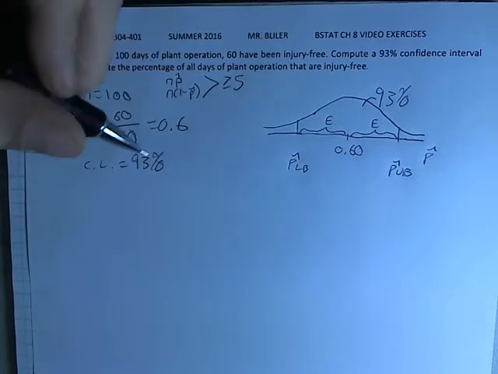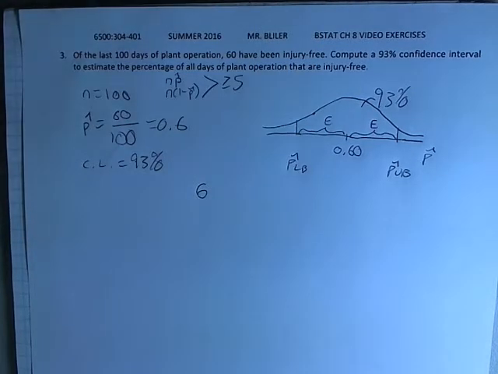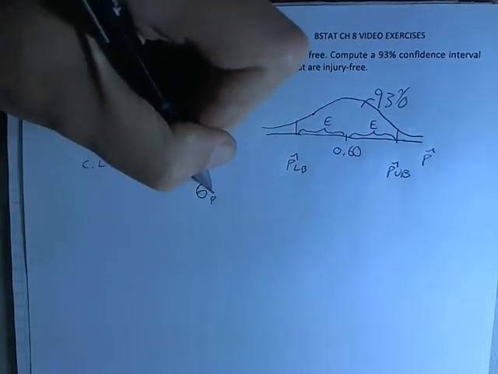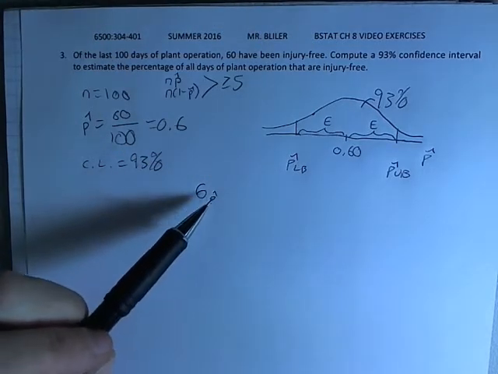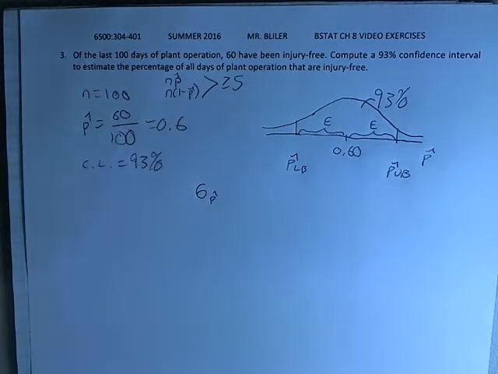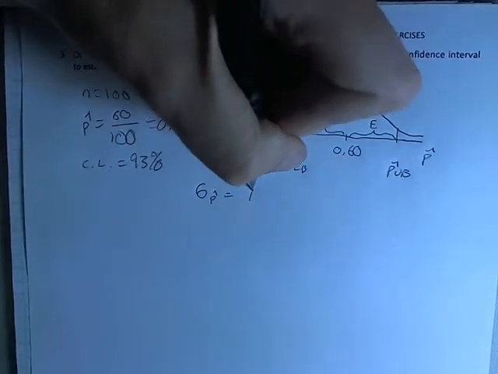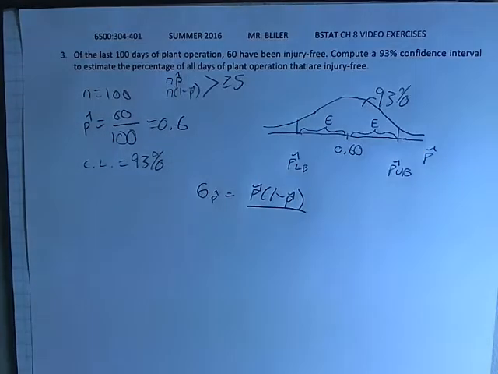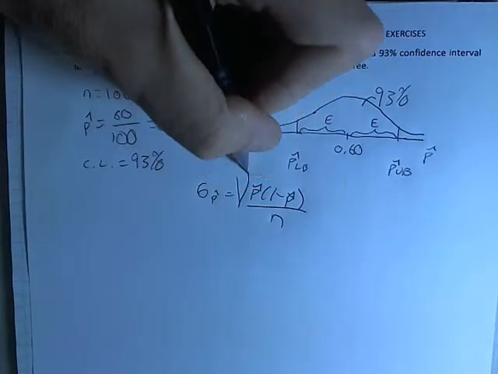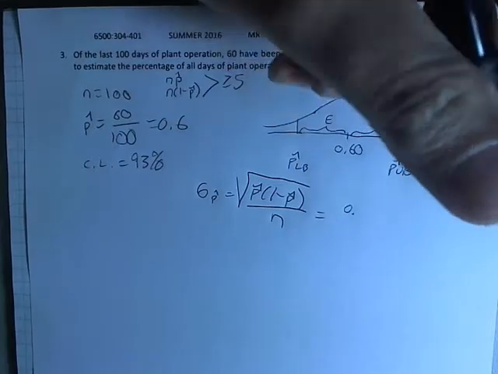So let's go ahead and before we do the margin of error, we'll just take a little sub-step and compute the standard error of this sampling distribution. And for any proportion problem, that standard error will be in this form. So let's go ahead and populate this.